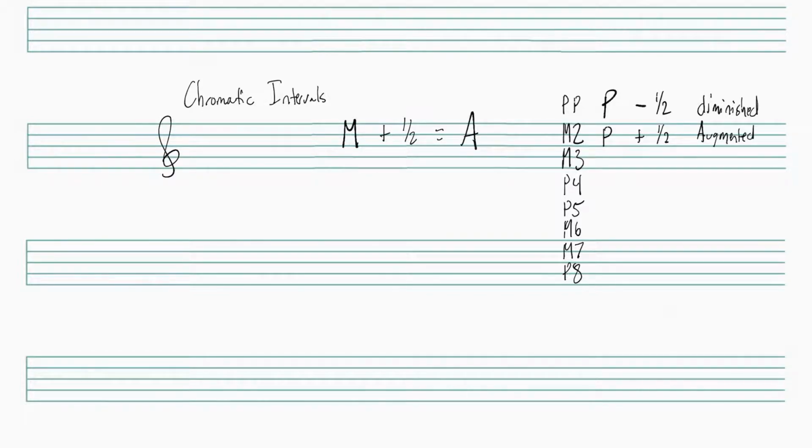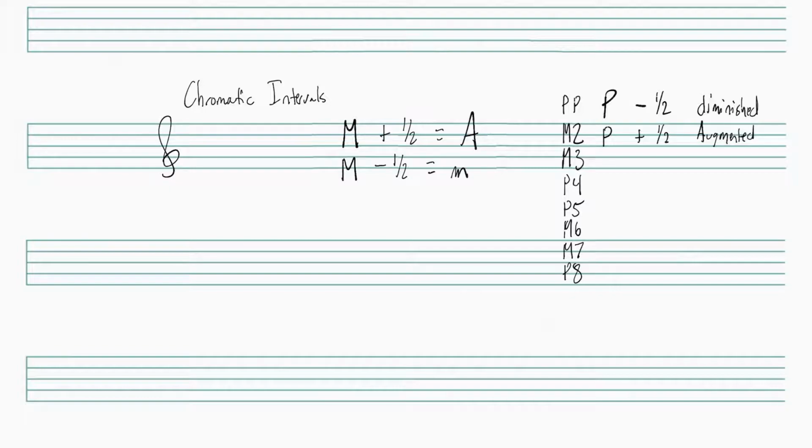Just like with the perfect interval. You took the perfect interval and you added a half step, you now have an augmented interval. For a major interval, if we were to shorten the interval or compress the interval by a half step, we now have a minor interval.